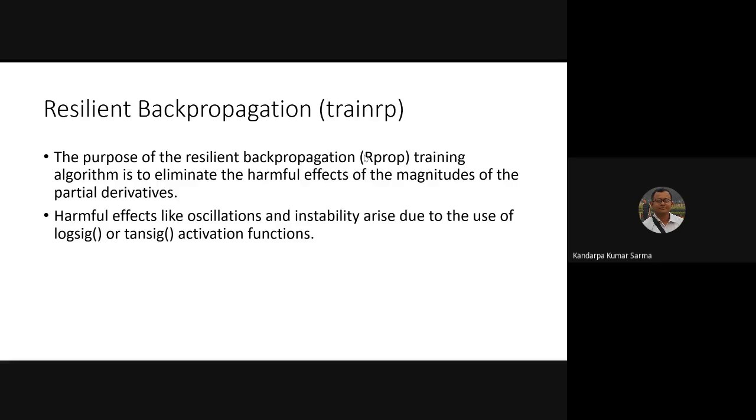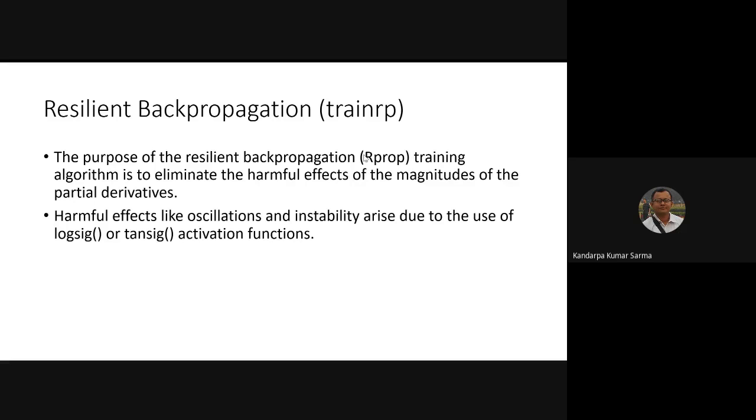We may sometimes have situations where we want to use both the log sigmoid and the tan sigmoid functions in combination. There we will see that the magnitude of the responses will be varying. If they vary, then the partial derivatives generated during the calculation of the MSE values will also show variations.